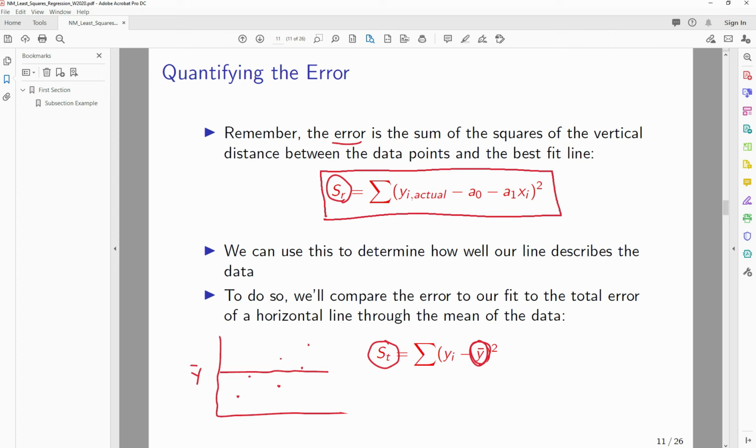And this right here then could be considered the intercept with a slope of 0. Effectively, this model is the 0th order model, y equals a0. Whereas this one up here is y equals a0 plus a1 x. It's got a little bit of a slope. And we're going to try to compare the difference between these two models.